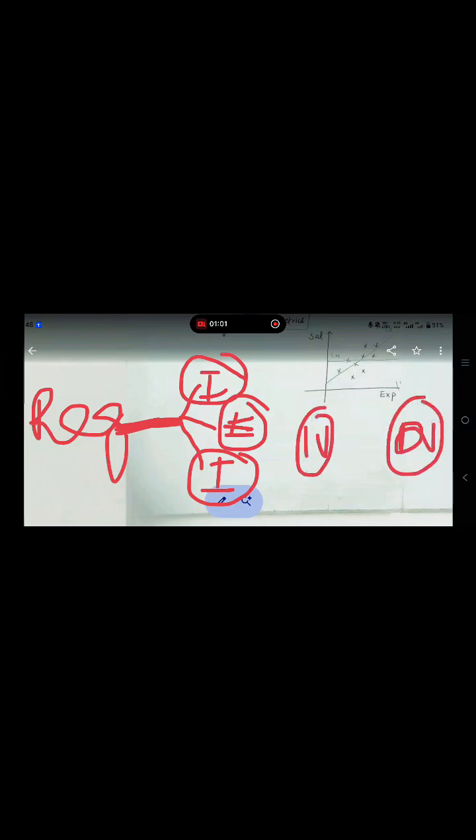So we have three things: influence, effect and impact. If you want to make influence, effect or impact of independent variable over dependent variable, you need regression.